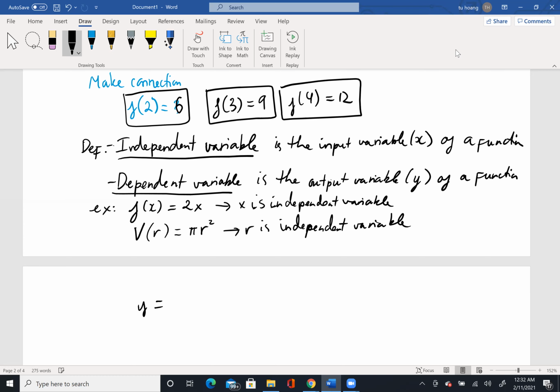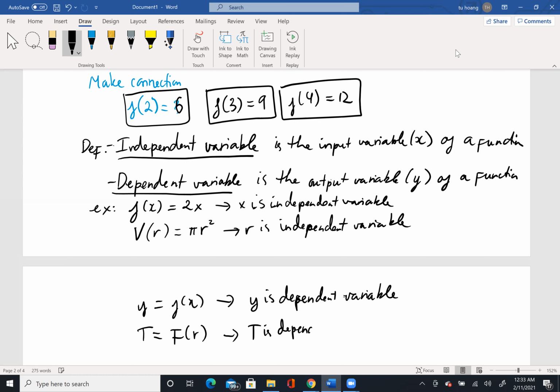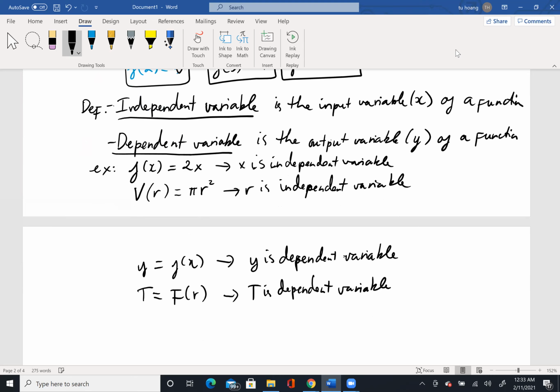If I have y equal to f of x, then y is the dependent variable, because y depends on x, right? Or t equal to f of r, then t is the dependent variable.